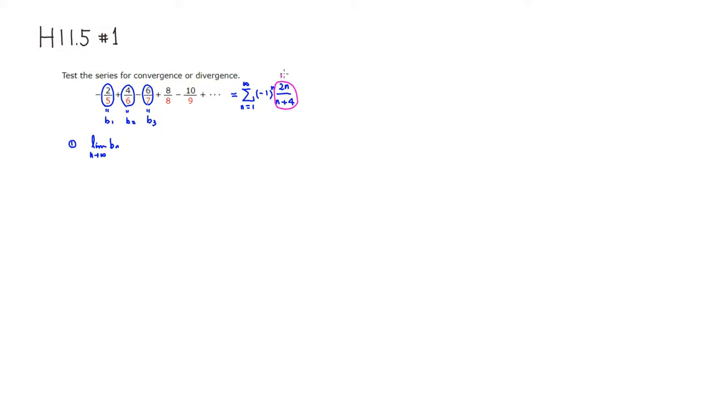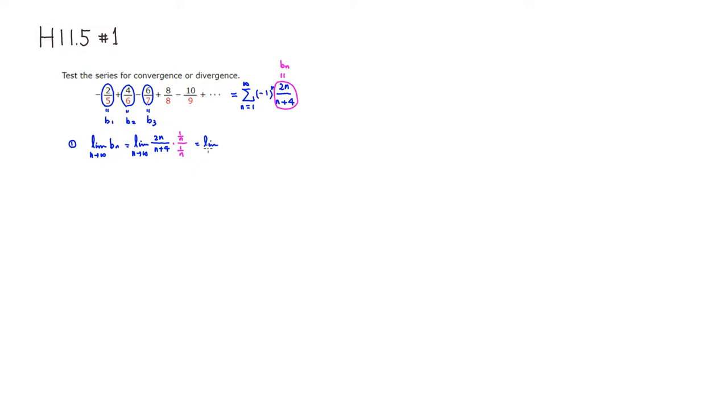So we're going to just take the limit of 2n over n plus 4 as n approaches infinity. We can simply divide the numerator and the denominator by n. Then we'll get this limit.